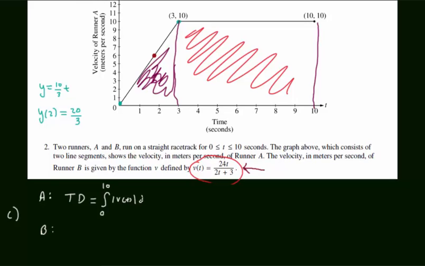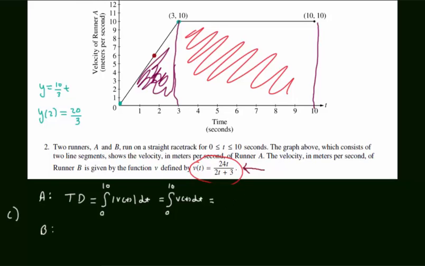I just get so used to writing absolute value for total distance, but it turns out in this case, since the velocity curve for runner A is always above the t-axis, the velocity will always be positive, and there is no need for the absolute value: v of t dt. As you can see, I've scribbled some geometric shapes above, because the way that I'm going to find this integral is to appeal to geometry.